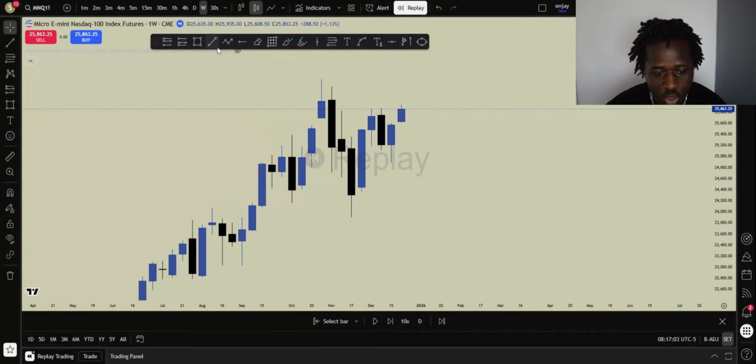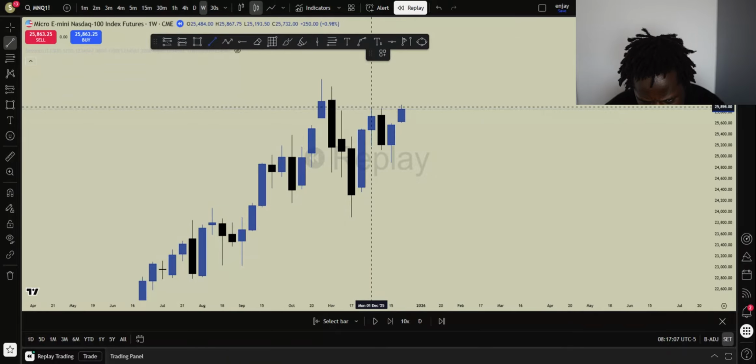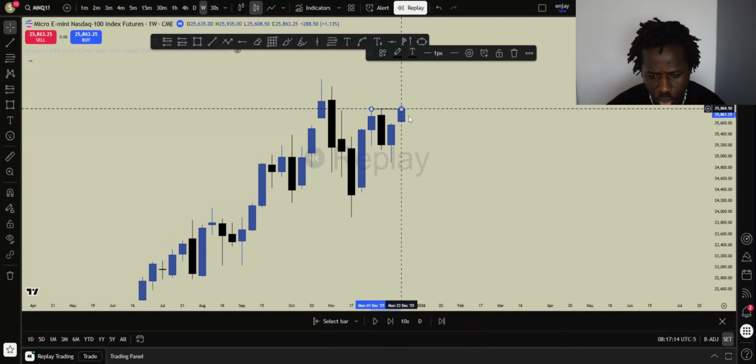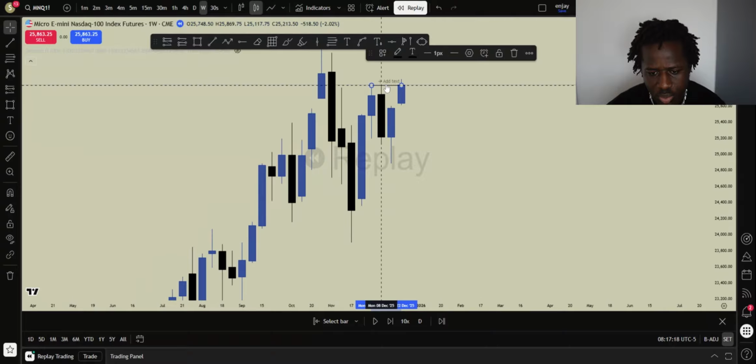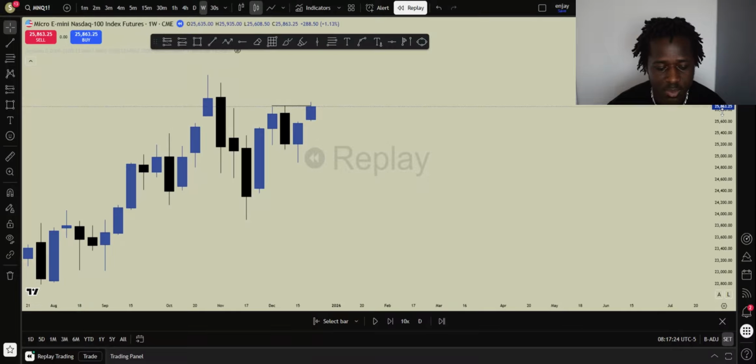So on this previous week, we can see that we swept liquidity above these highs. We took out these highs and we did not close the body of the candle above these highs. So it means we're likely going to get lower prices because we swept liquidity.